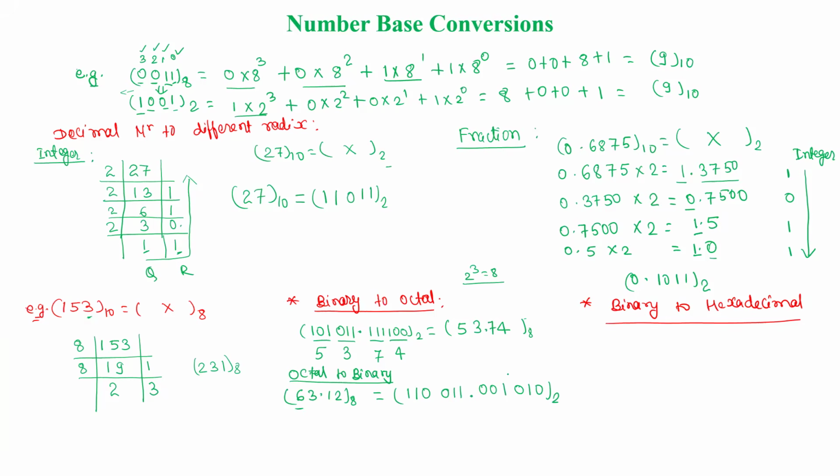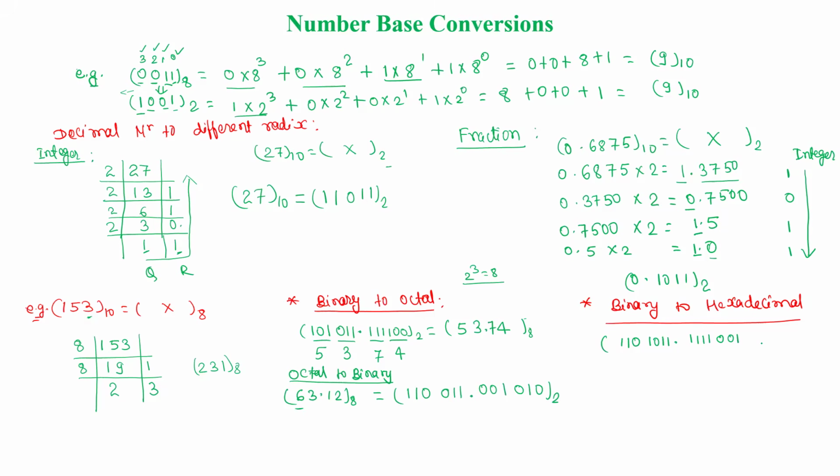So we'll take one binary number that we can easily write here. Same concept again: if we are not able to make a combination of 4, we can add 0. Like we have 110, and we have 1011. After the decimal point, we have 1111, and here suppose we have 001.